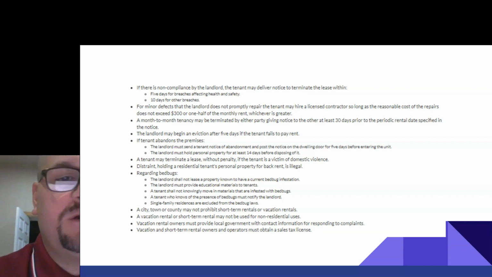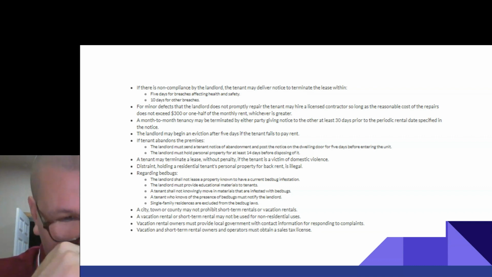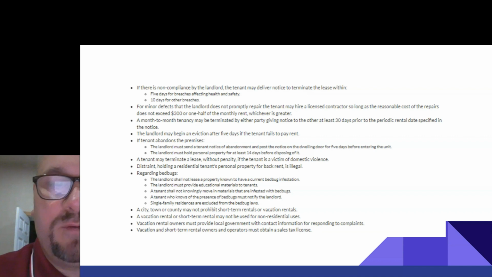A city, town, or county may not prohibit short-term rentals or vacation rentals. A vacation rental or short-term rental may be used for non-residential uses. Vacation rental owners must provide local government with local information for responding to complaints.